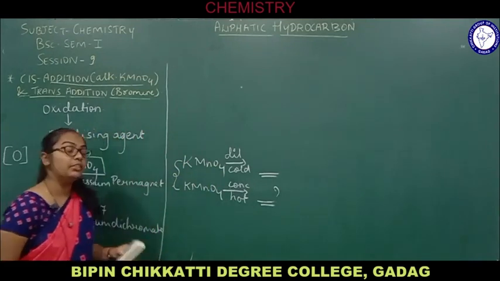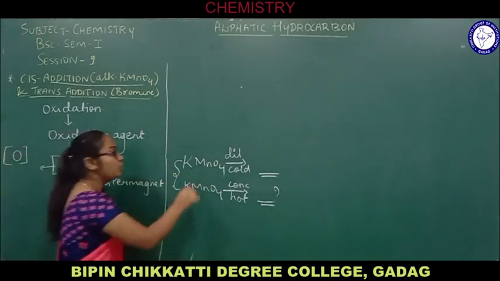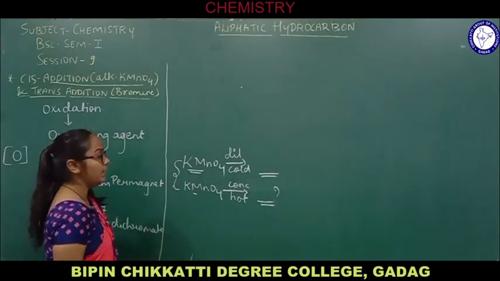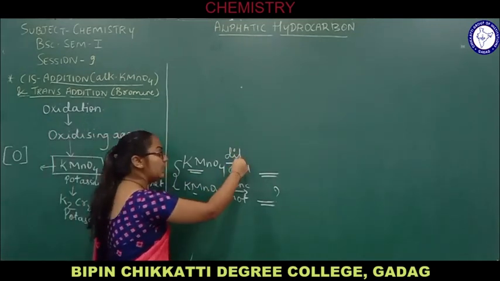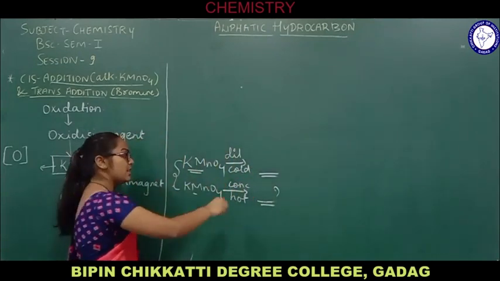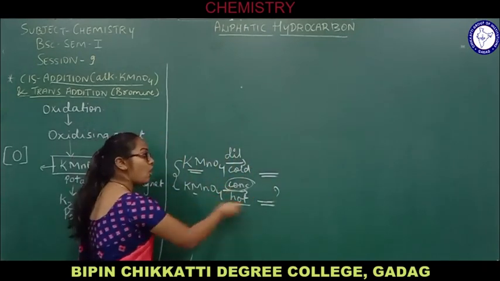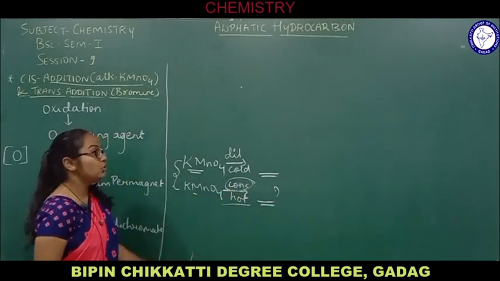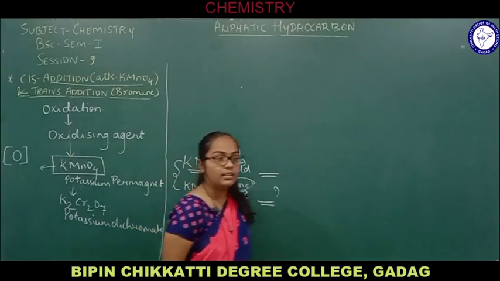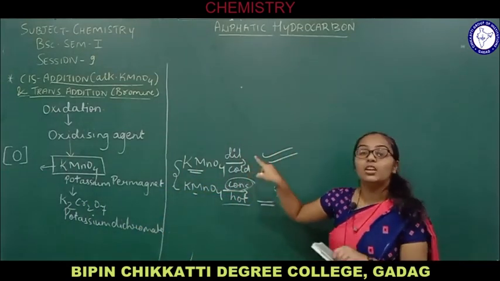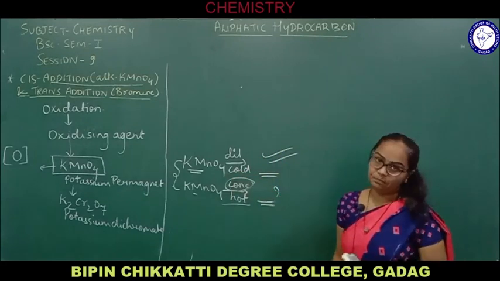See, they are utilizing the same oxidizing agent, but the condition applied is different: in dilute cold one you get one product, whereas in concentrated hot KMnO4 you get another product. In your syllabus we are going to study only the diluted cold KMnO4.